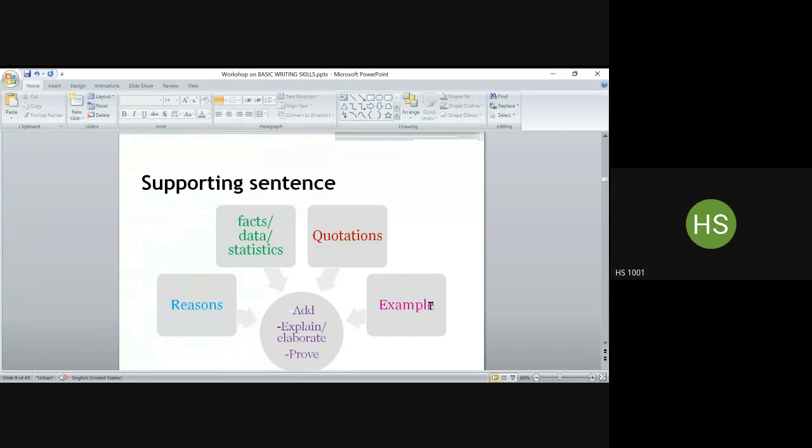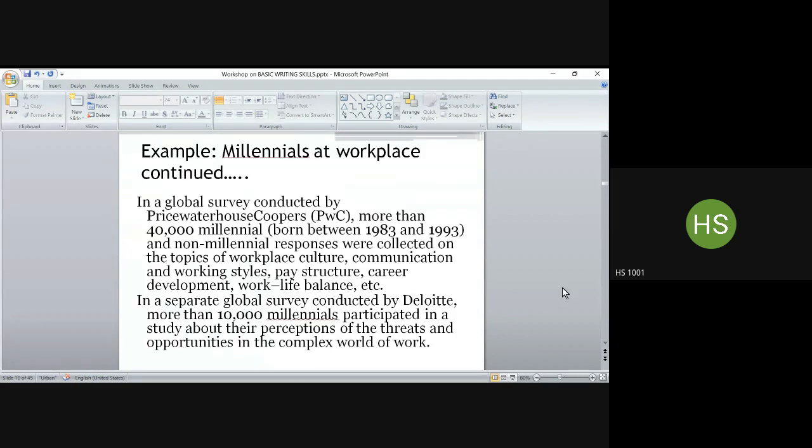But for our understanding, to add, explain, elaborate, or prove, supporting sentences can either give you reasons, facts, data, statistics, it can quote or put through a remark, or also add an example. We'll see an example for the one that we were discussing, millennials at workplace.